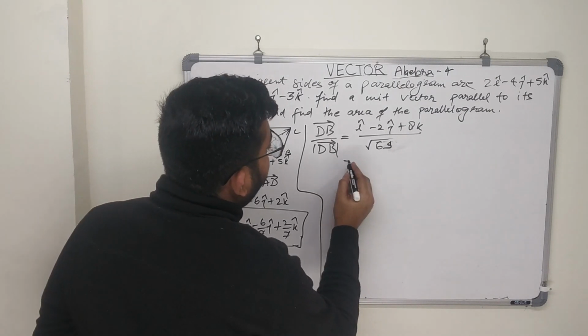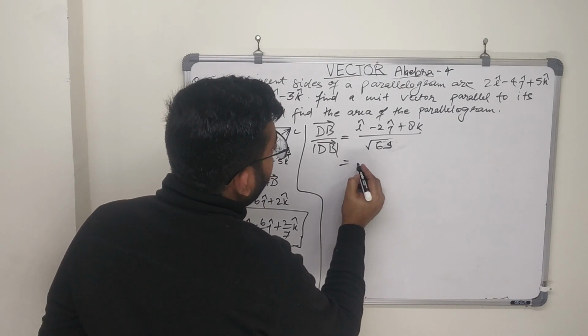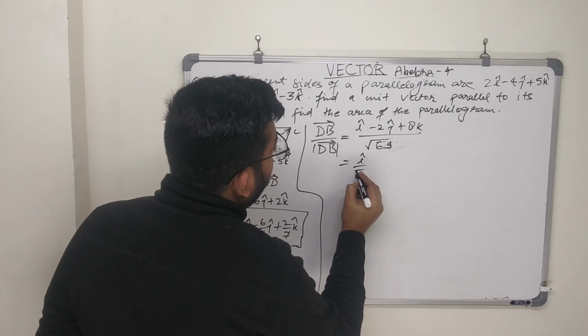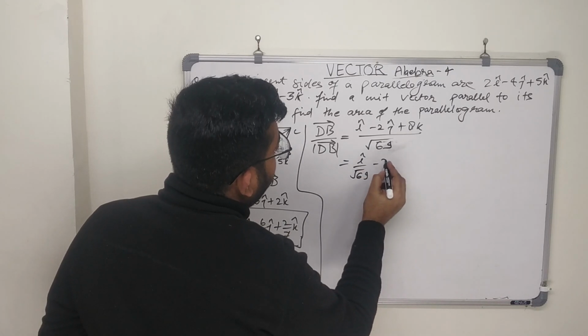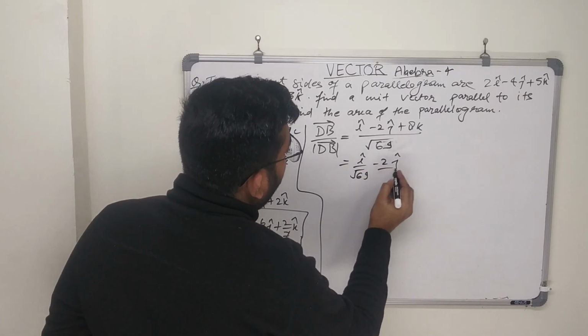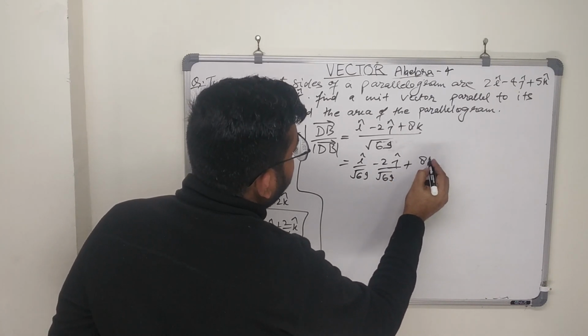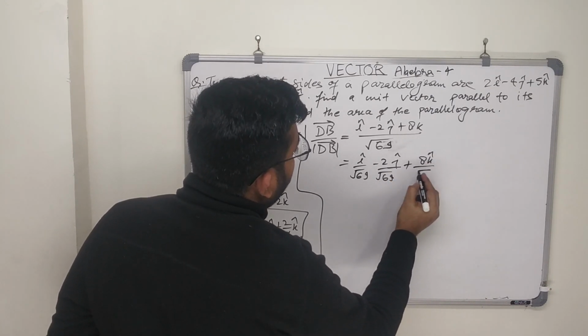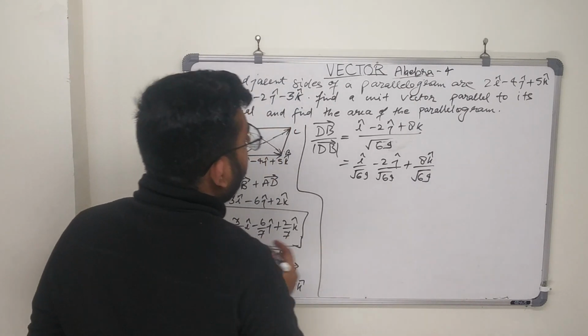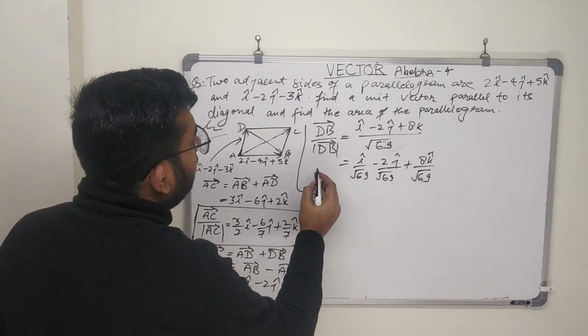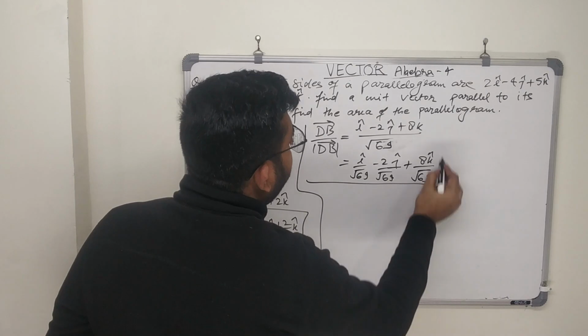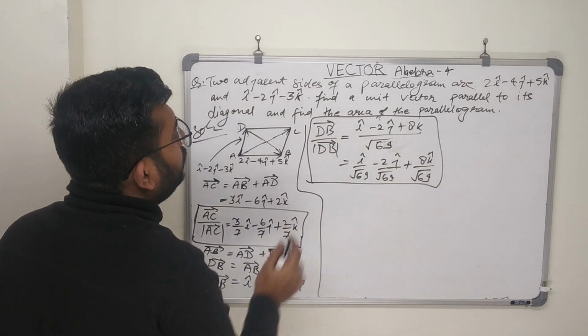Simplifying, it will be equal to i cap upon under root of 69 minus 2j cap upon under root of 69 plus 8k cap upon under root of 69. So in this way we have obtained the answer for the first part of the question.